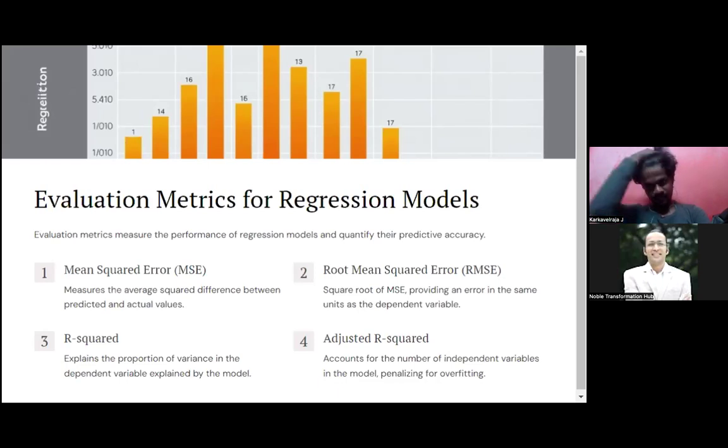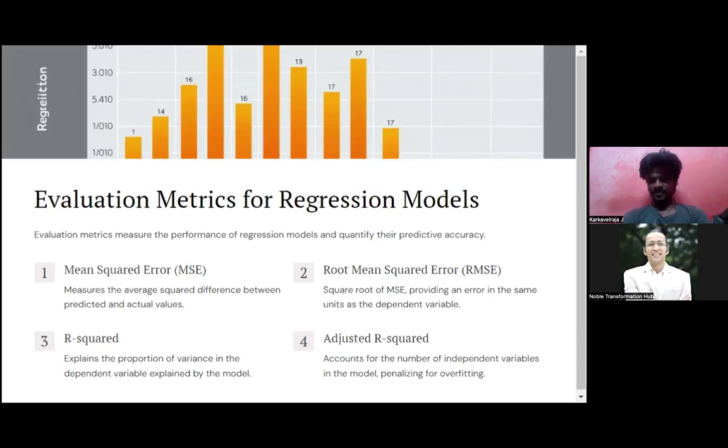R squared explains the portion of variance in the dependent variable explained by the model. You are not going to do it on the entire data, but on some portion of variance in the dependent variable.